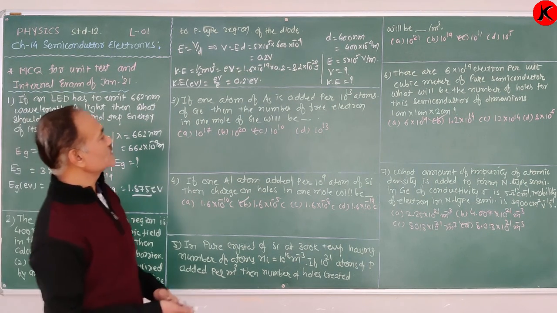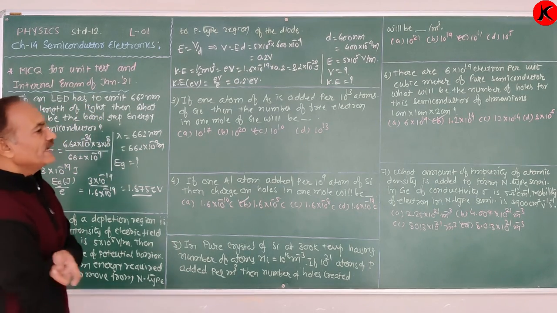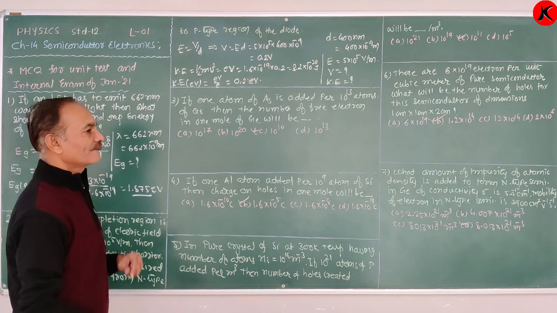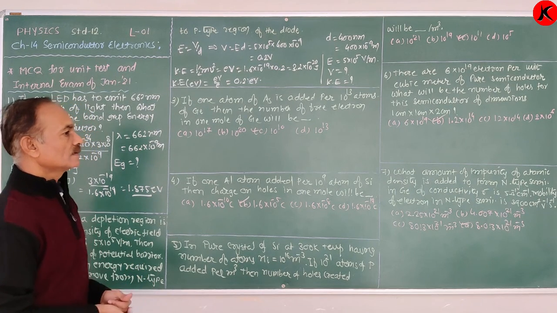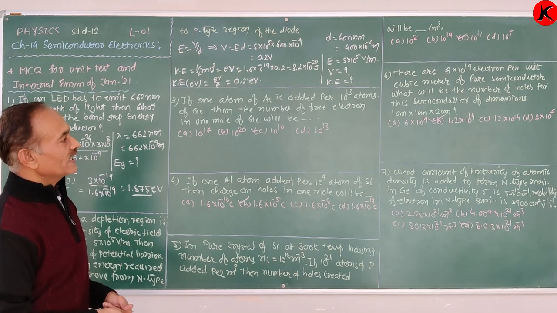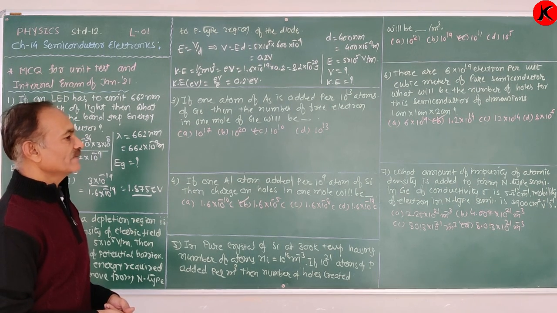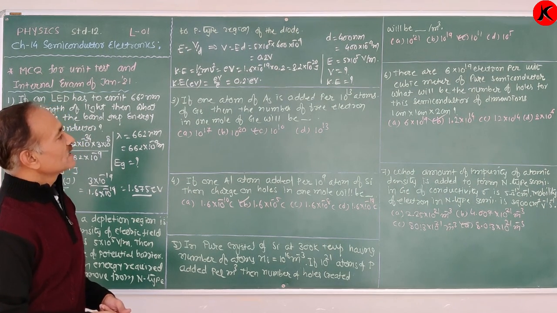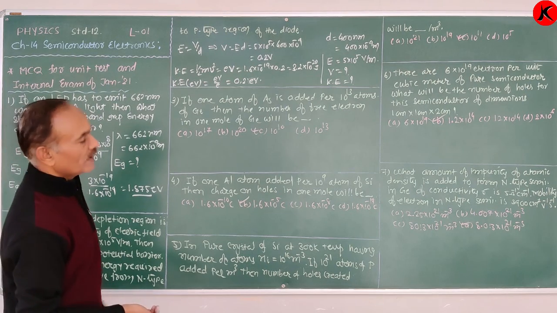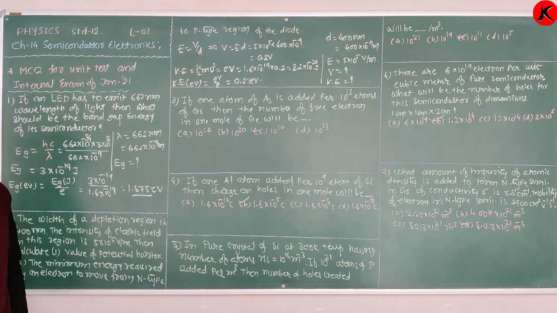Therefore, in 10 to the power 23 atoms of germanium, how many arsenic atoms are added? In 1 mole, that means in the Avogadro number, how many arsenic atoms are required?